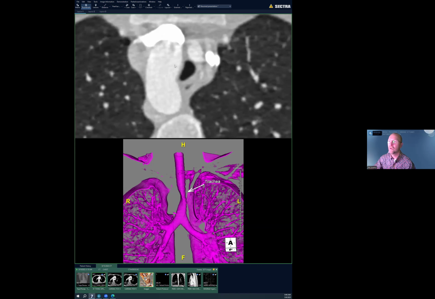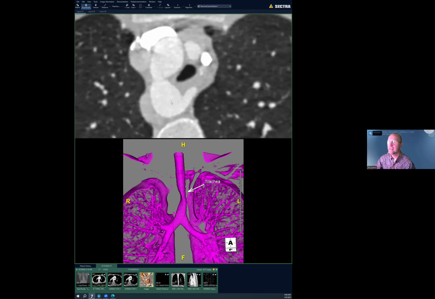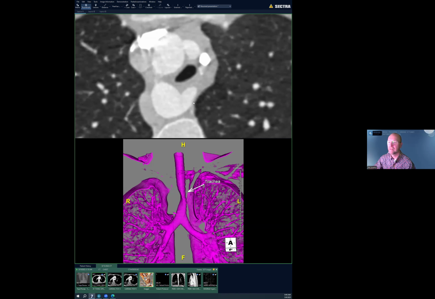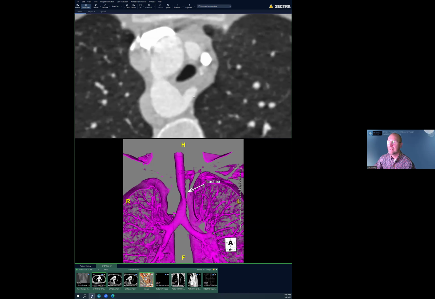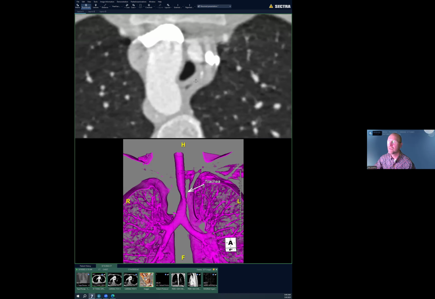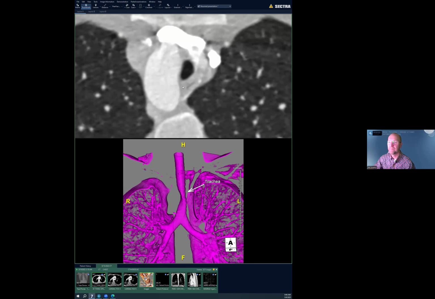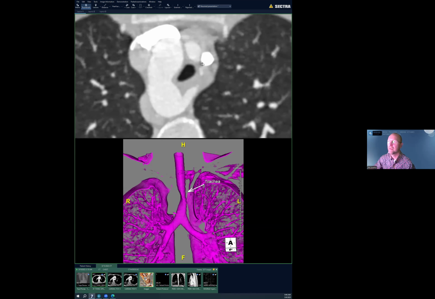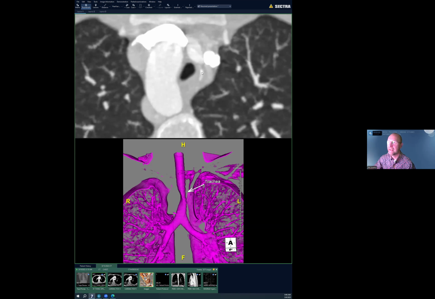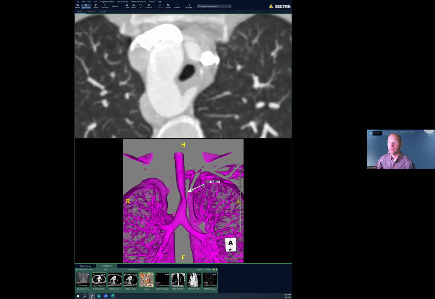But we can also note that in the proximal descending aorta, we have a little diverticulum here that really looks like at some point it used to want to connect to what we now call a left brachiocephalic artery. If I do it in a MIP, you can actually see a little bit of a calcified remnant of this left-sided aortic arch.